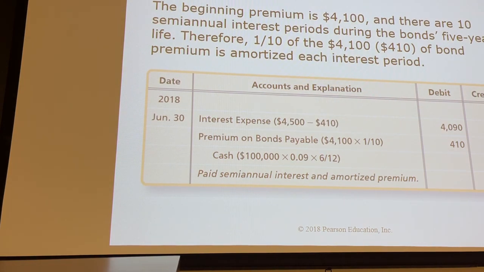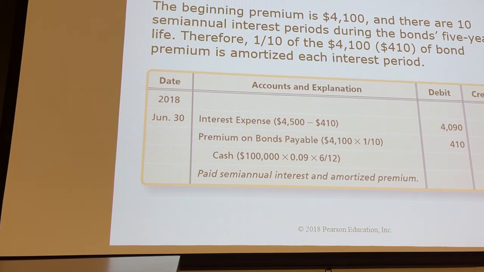Okay, now we get to the first interest payment date after 6 months. When we first booked the premium in the previous journal entry, we credited premium on bonds payable. So now if we're amortizing away part of the premium, that means we want to debit the premium on bonds payable.